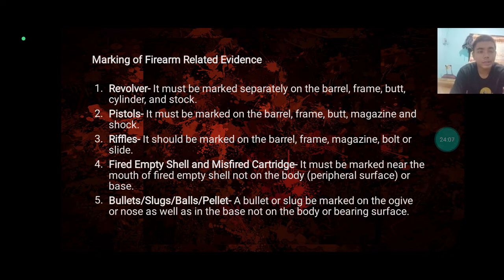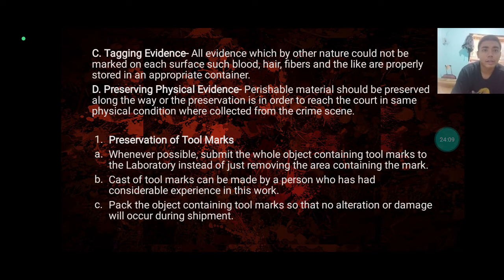So next, tagging evidence. All evidence which by its nature cannot be marked on its surface, such as blood, hair, fiber, and the like, is properly stored in an appropriate container.